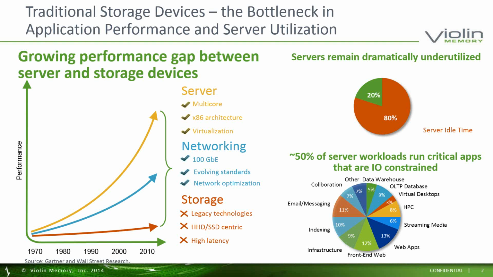A lot of that is because it was based on legacy technologies, hard drives, which have certain physical and performance limitations, and even some of the newer SSD architectures have limitations as well, especially ones in a front-side cache kind of implementation, where there's still that interface with software RAID and tiering and things like that. But 50% of the workloads of your critical apps are still I/O constrained.